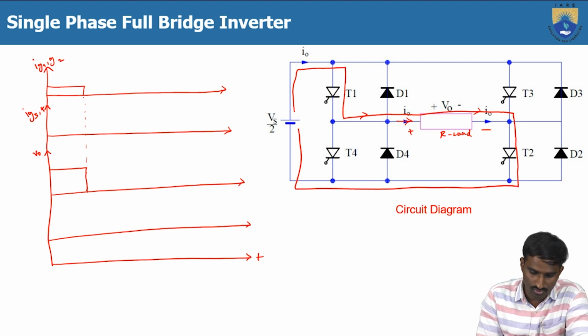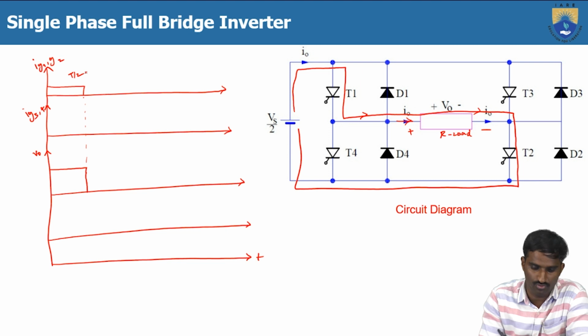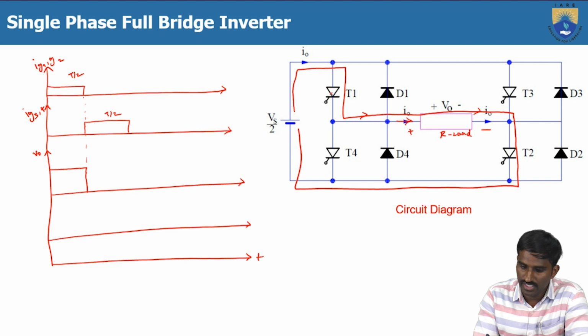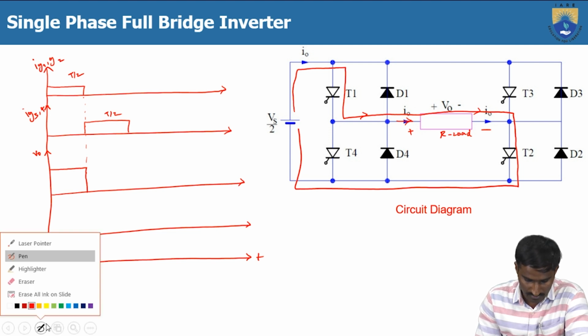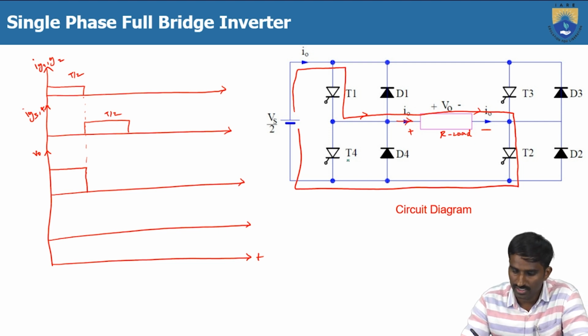Right. Let me consider here the total time period is T. We have triggered this one for a time period of T by 2. Then for the remaining T by 2, we are triggering the thyristors T3 and T4. When T3 and T4 are triggered, immediately T1 and T2 will get turned off.